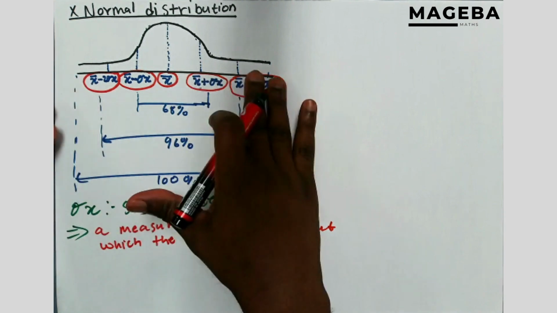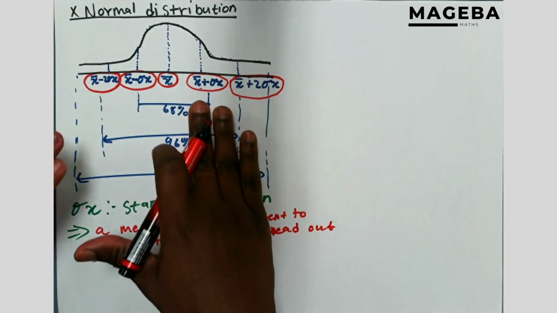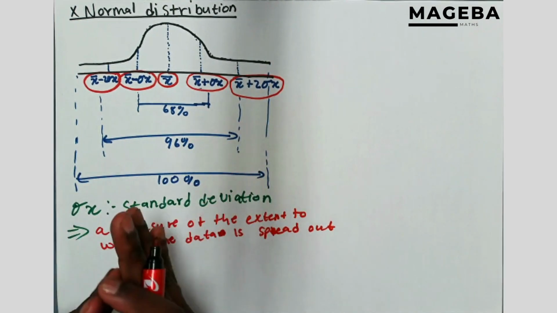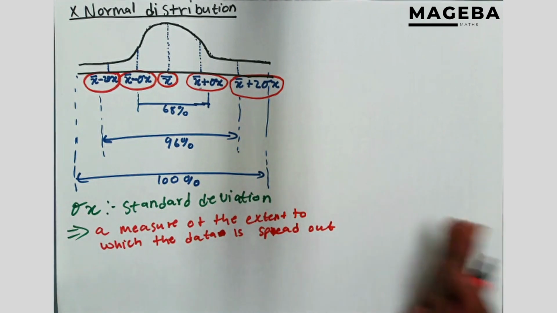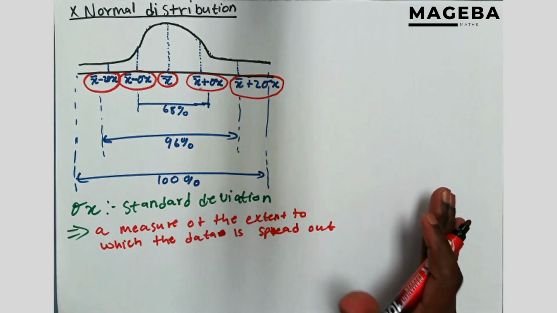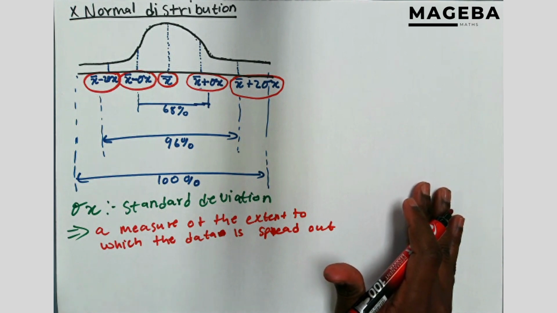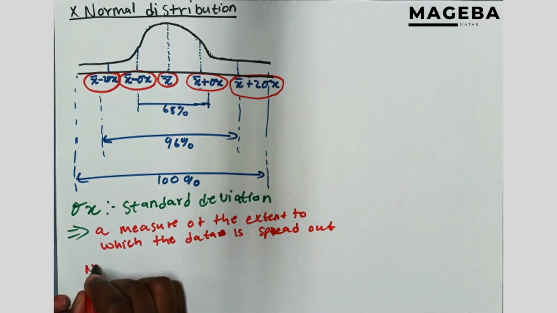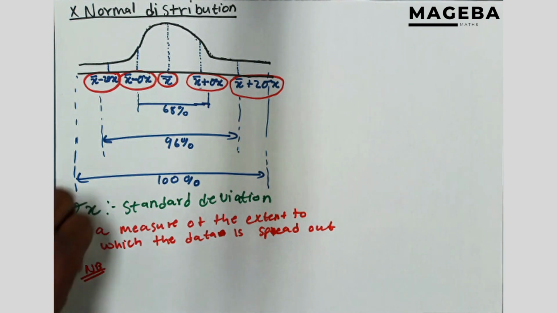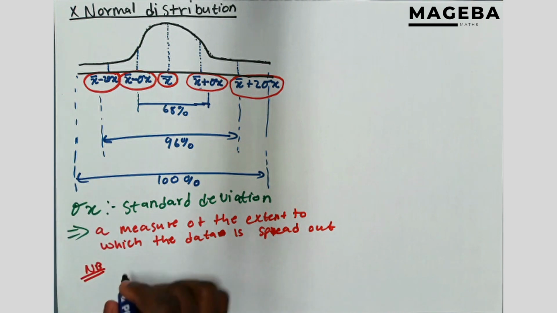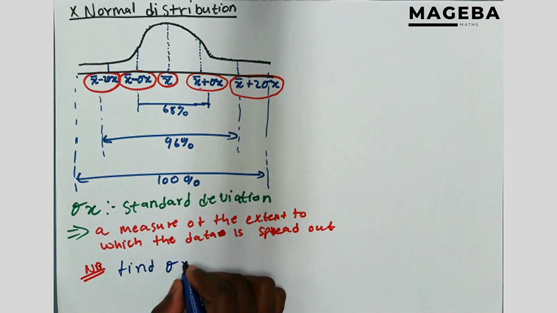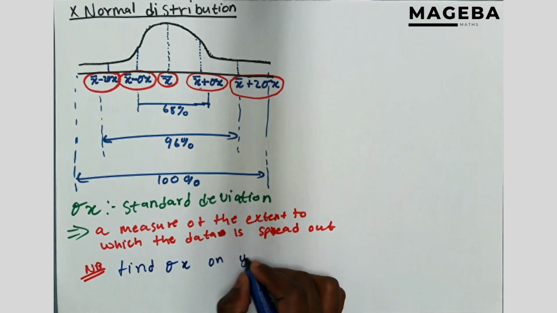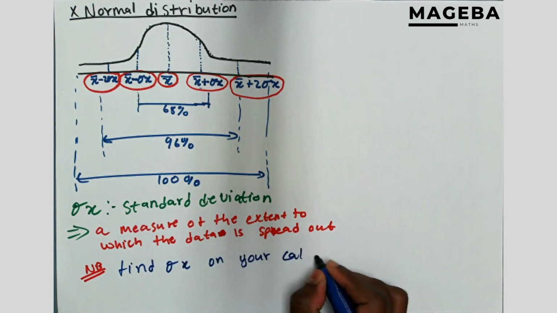That's why we draw this mountain. It's measuring how our data is being spread. That's why it's very important to find the standard deviation, because that's where we measure the extent to which our data is spread out. I hope you still remember how to find the standard deviation using your calculator. There is a video that I did on how to find the standard deviation on your calculator.